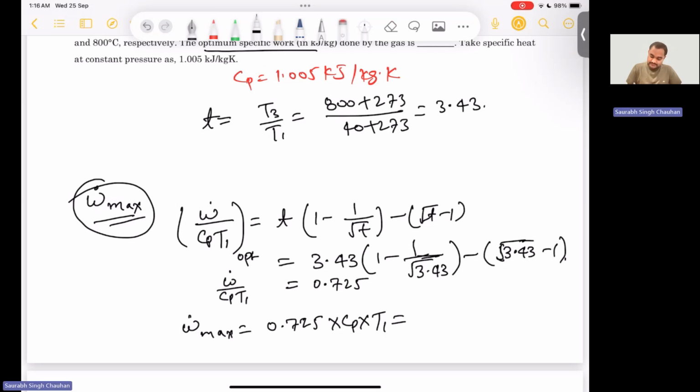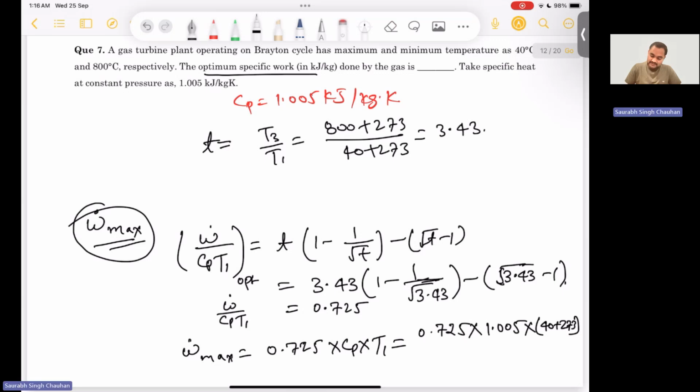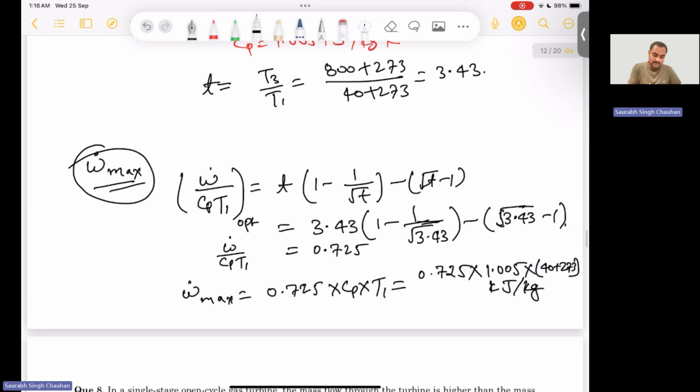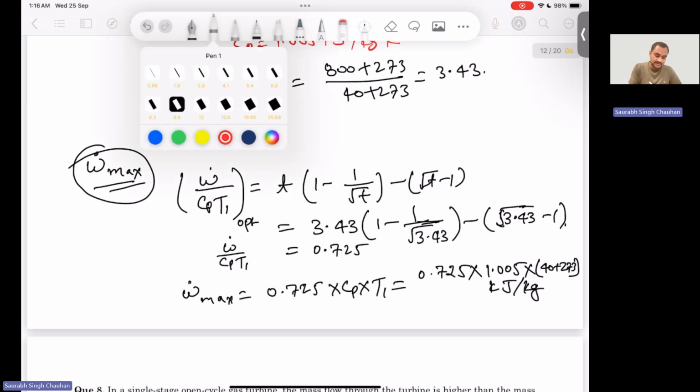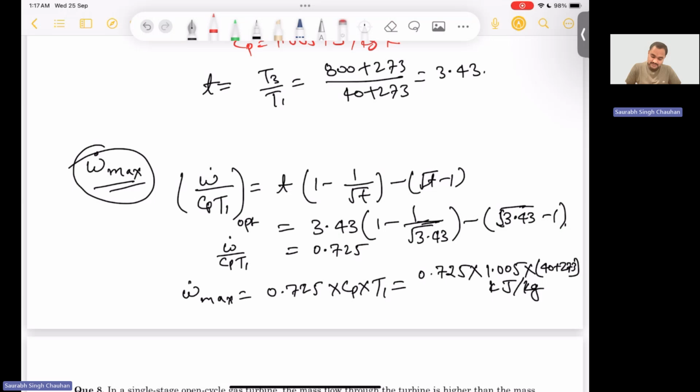So 0.725 into 1.005 into 40 plus 273. Everything is in SI units, so this will be in kilojoule per kg. If you calculate this value, the final value comes out to be approximately 228 kilojoule per kg.